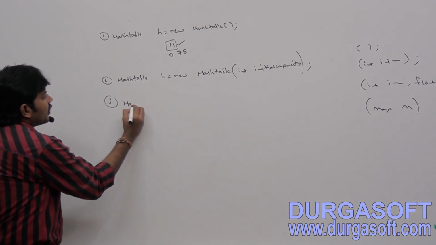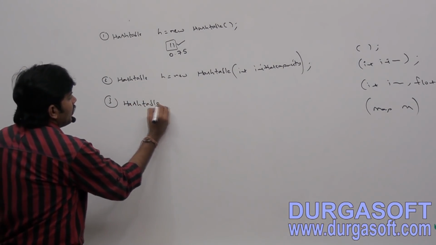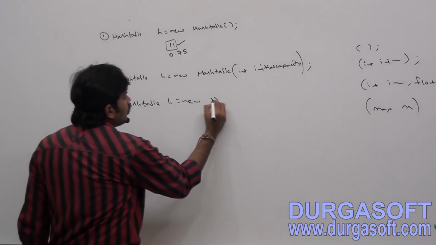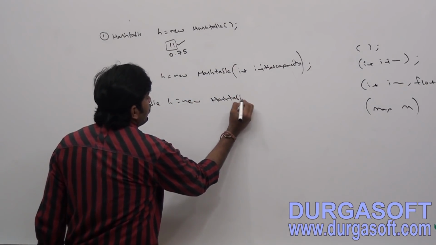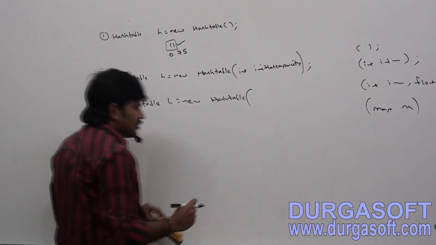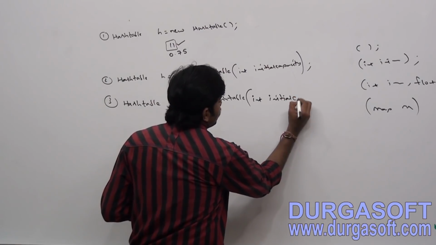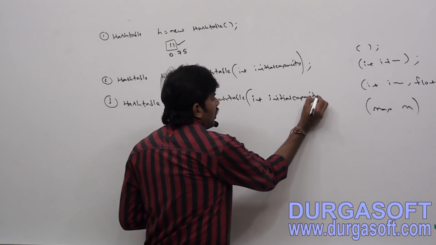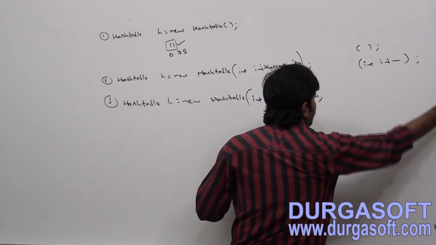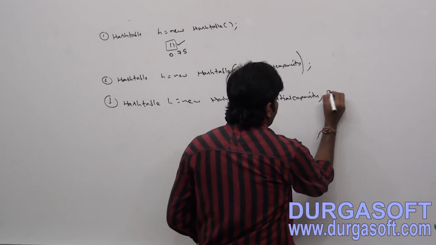Third one, hash table h is equal to new hash table of int initial capacity comma float fill ratio.